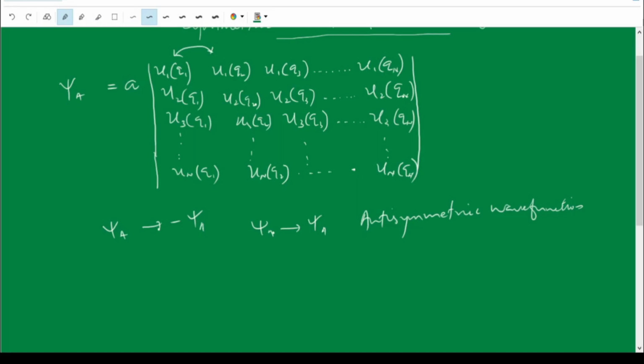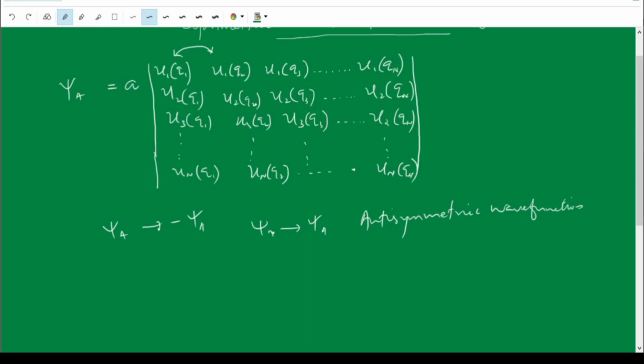If the first and second single particle states are the same, then the u1 row and u2 row are identical: u1 of q1, u1 of q2, u1 of q3, etc., u1 of qn, repeated.